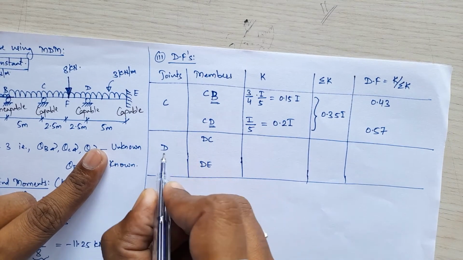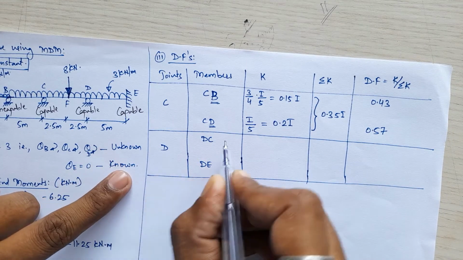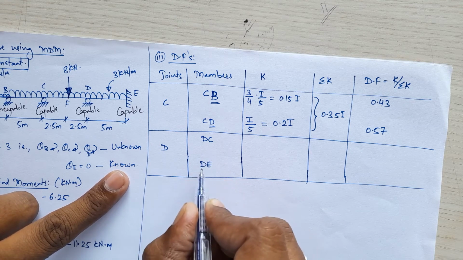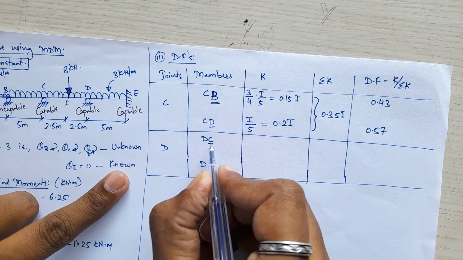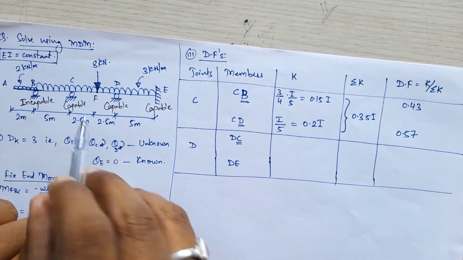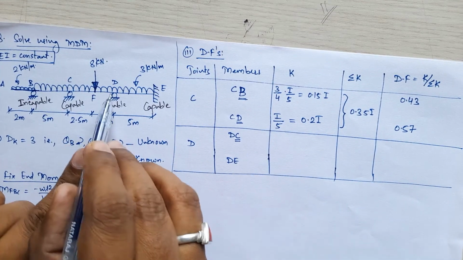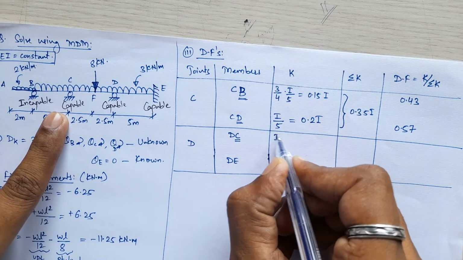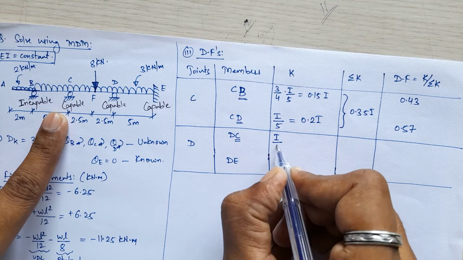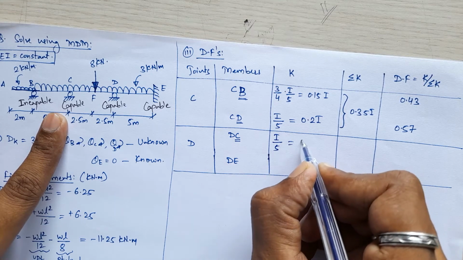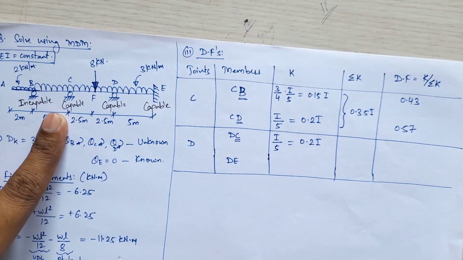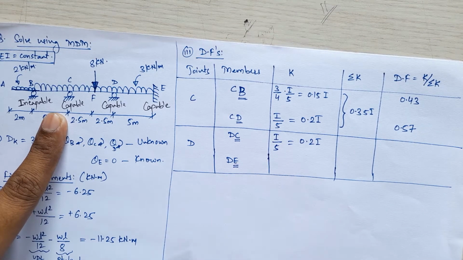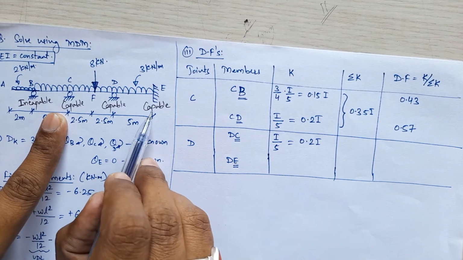Okay. Now for the D joint, the members meeting at joint D are DC and DE. Here C is the far end, the moment is transferring from D to C. So check the C joint, C is again a capable support, so the relative stiffness will again be I by L. L of DC is 5, so that comes to I by 5, equal to 0.2 of I. Next, DE, E will be the far end, that is considered a capable joint here.